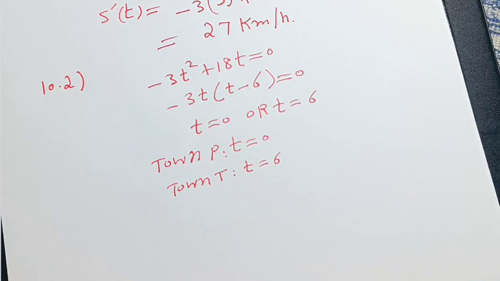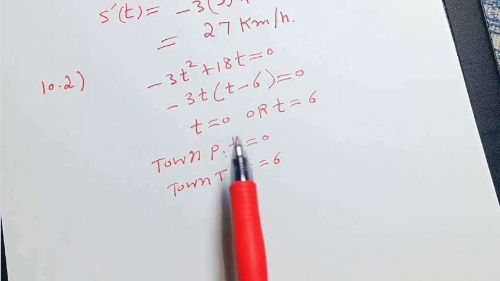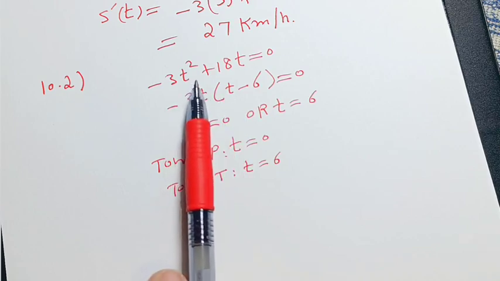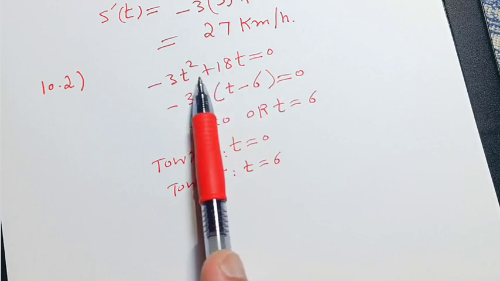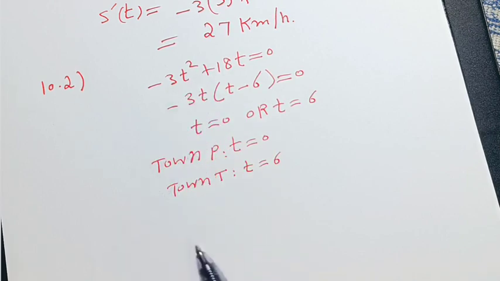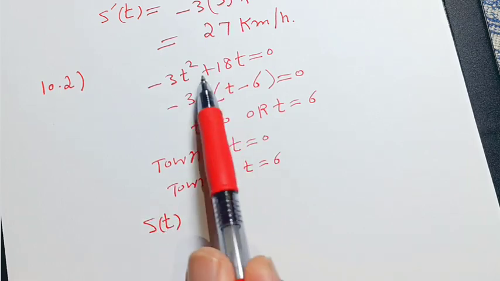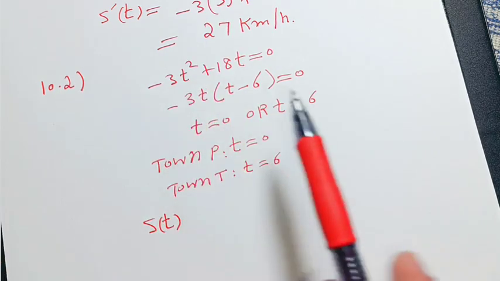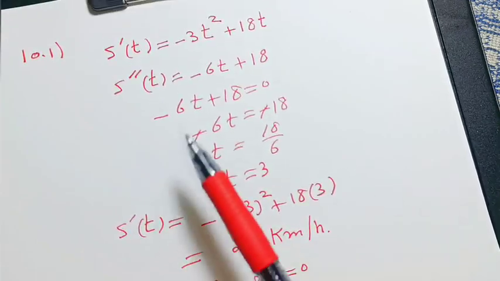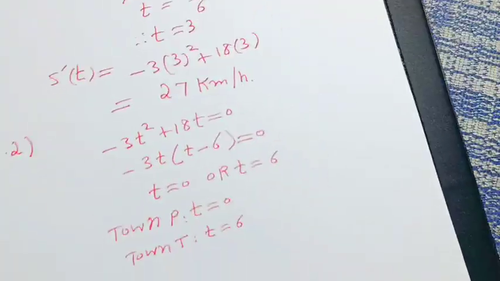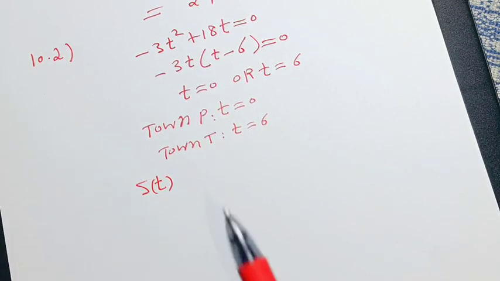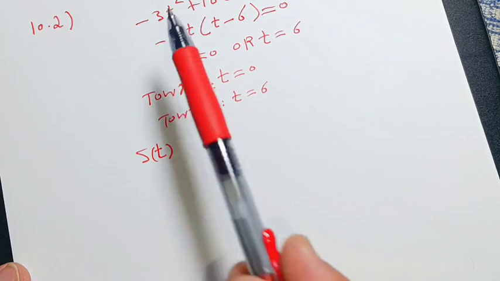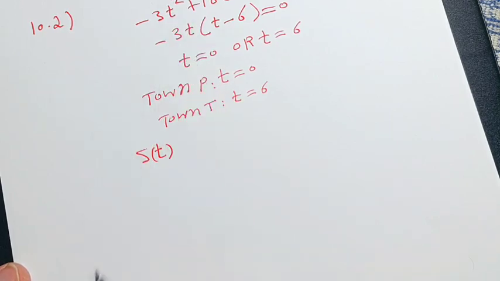So I need to get the original function. Remember, we have negative 3t square plus 18t, and this is the first derivative. If I need to find s of t, I need to go back from the first derivative function to the original function.